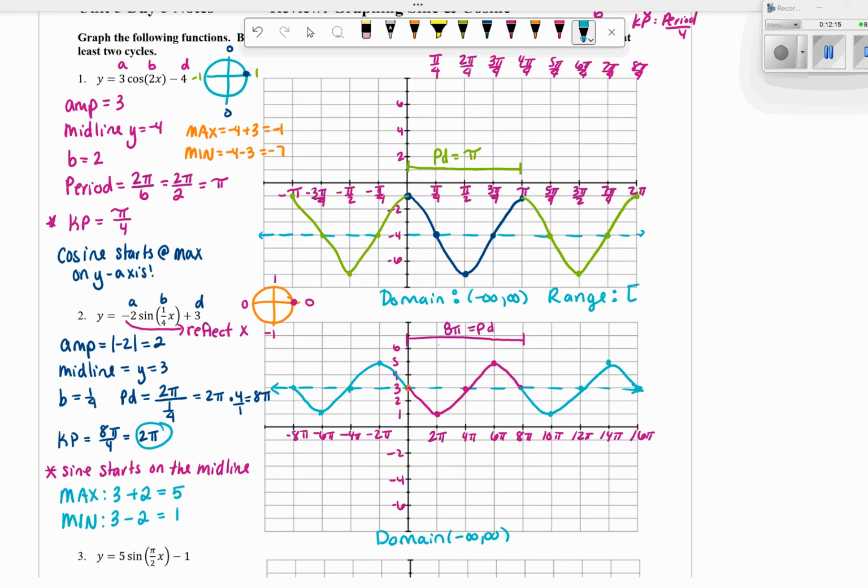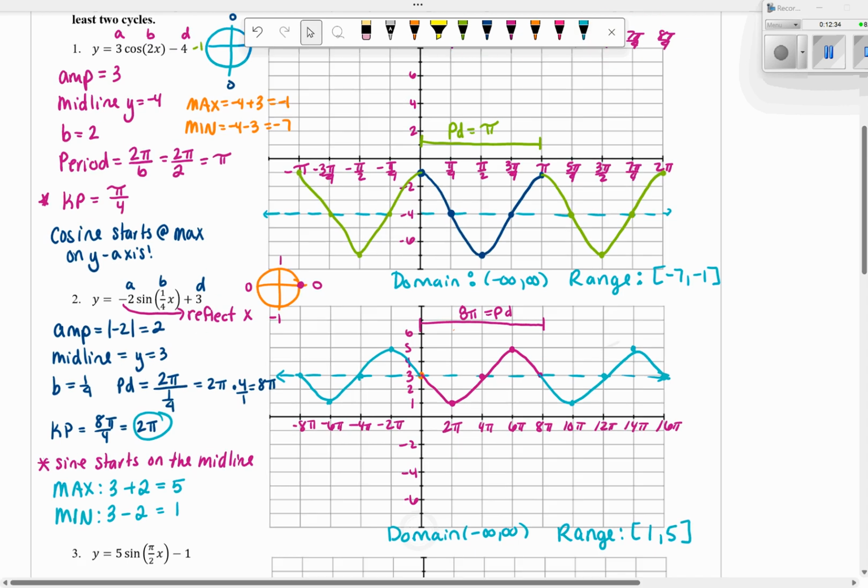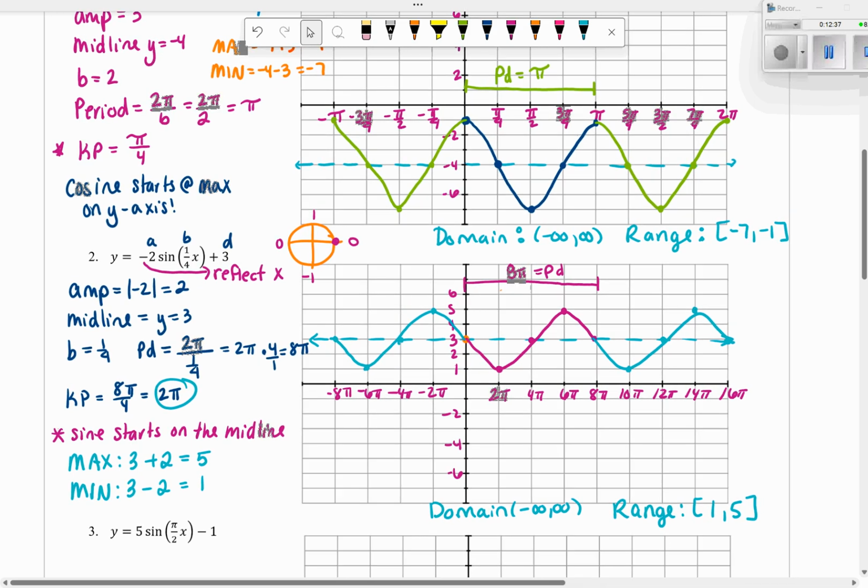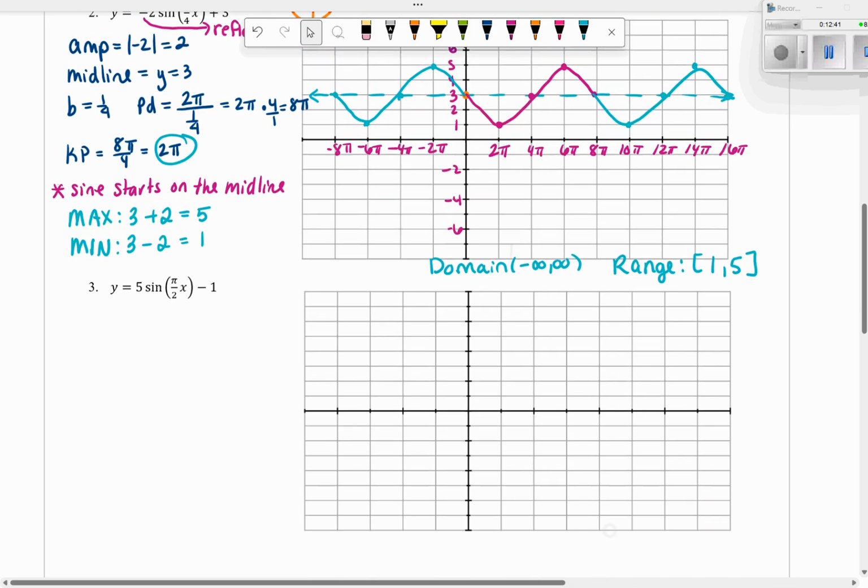On this one, the maximum is -1 and the minimum is -7, so -7 to -1. And down here, the maximum was 5 and the minimum 1, so 1 to 5. Something I'm going to be looking for when you graph these is making sure you write out those key points, so make sure that you include those.